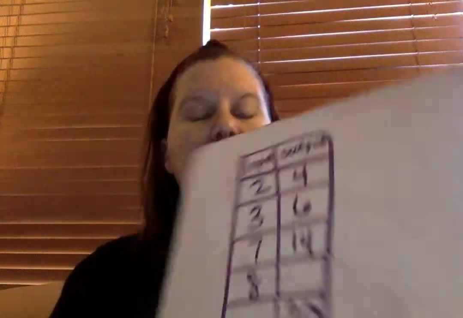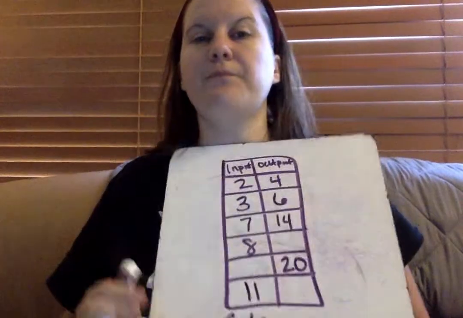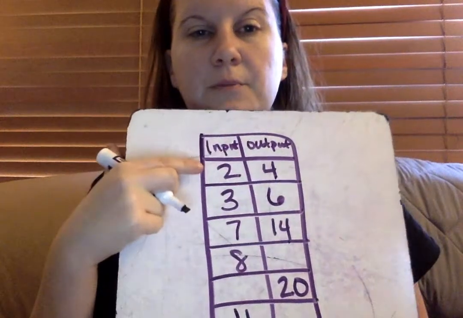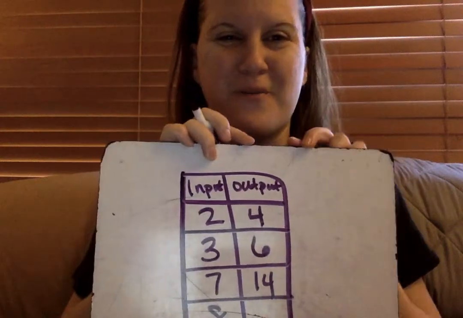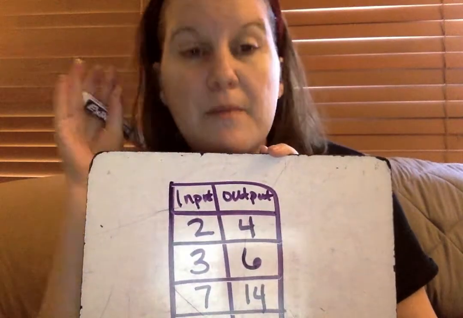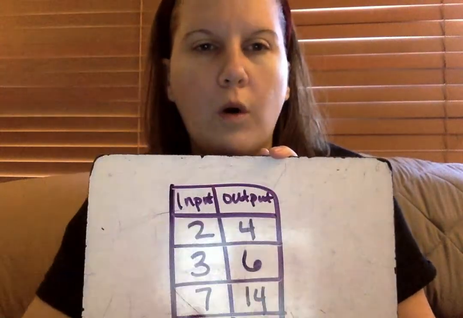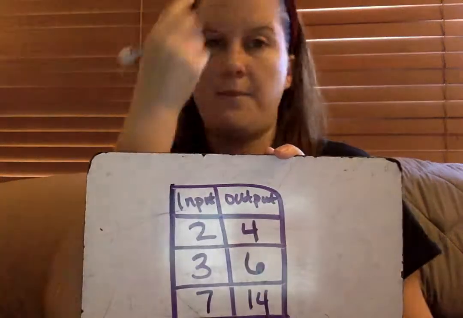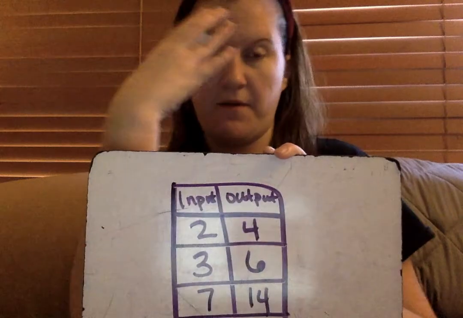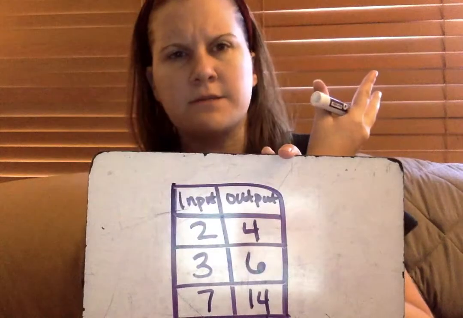All right, so this time I left a few things blank. I want to know what the rule is. Okay, so this time my input's a 2. I put a 2 in, and remember the rule stays the same for the whole table. It does not change. I put a 2 in. Something happens inside Miss Murphy's brain for a 4 to pop out.